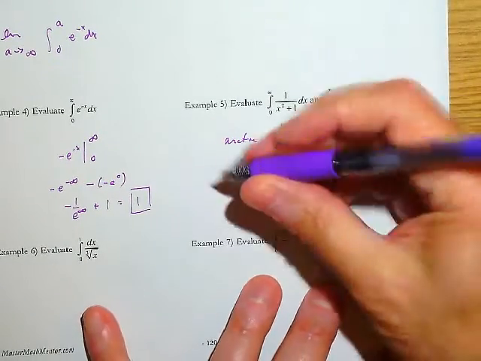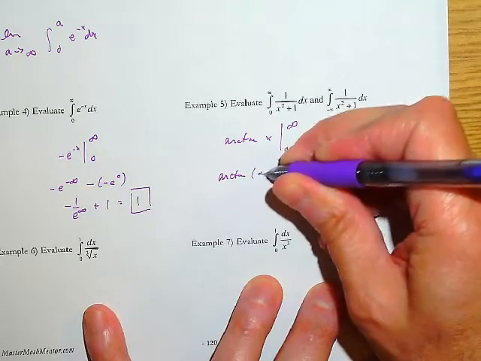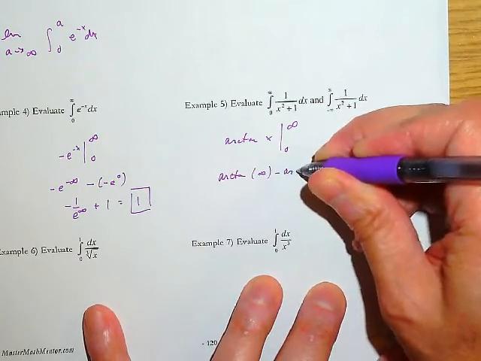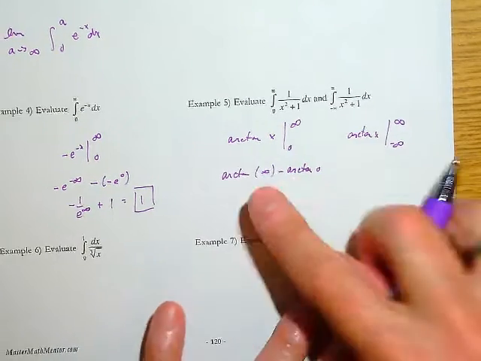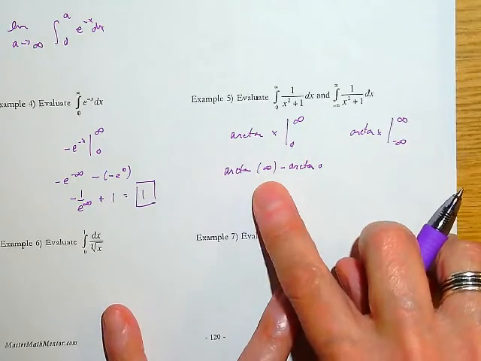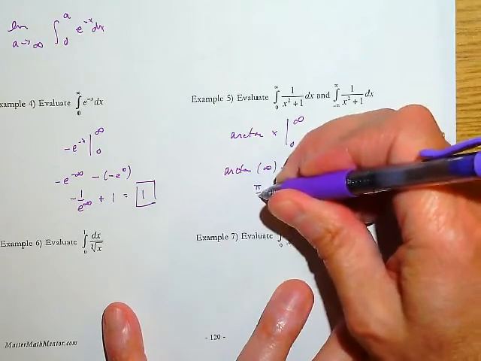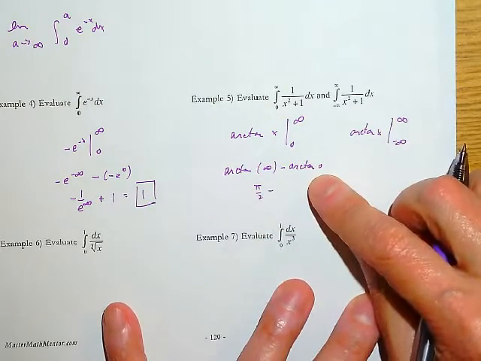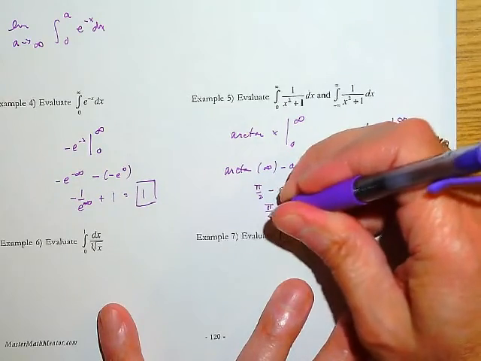Well, this should tell me this is arctan infinity minus arctan 0. What angle has a positive infinity arctangent? That's pi over 2, minus what angle has a tangent of 0? 0. So that first one is pi over 2.